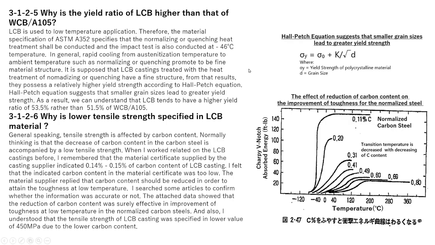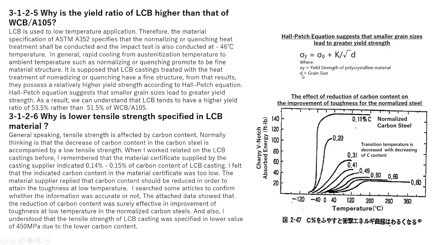I assign the Hall-Petch equation here. So sigma y equals sigma 0 plus k divided by root of d, small d. Sigma y is the yield strength of the polycrystalline material.